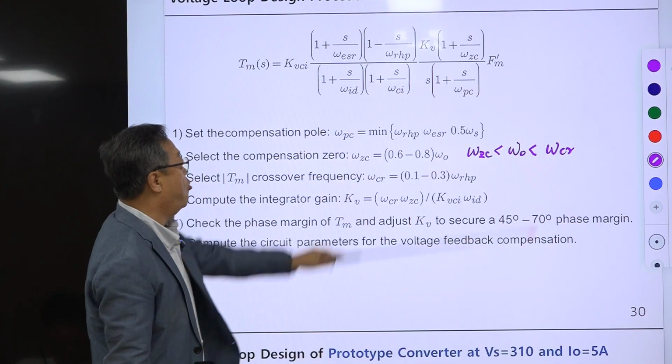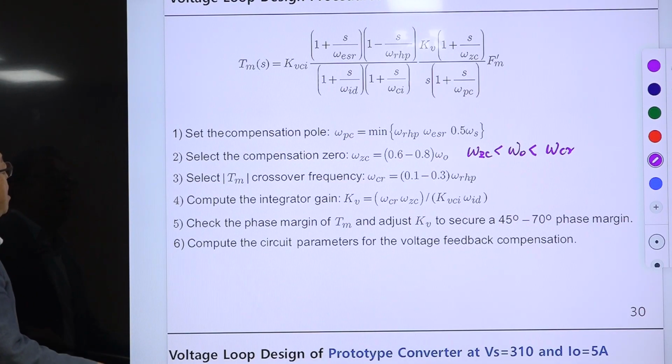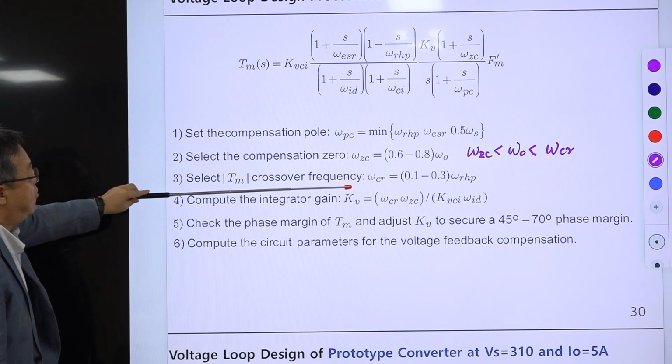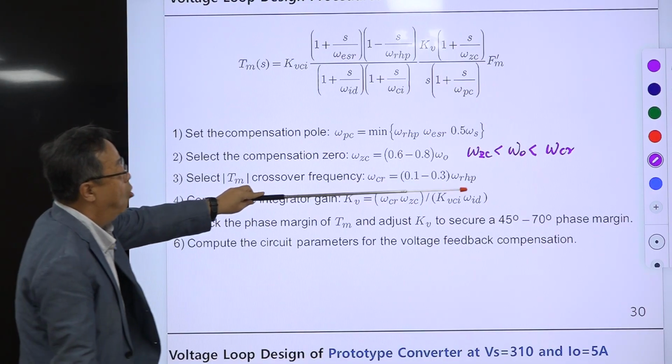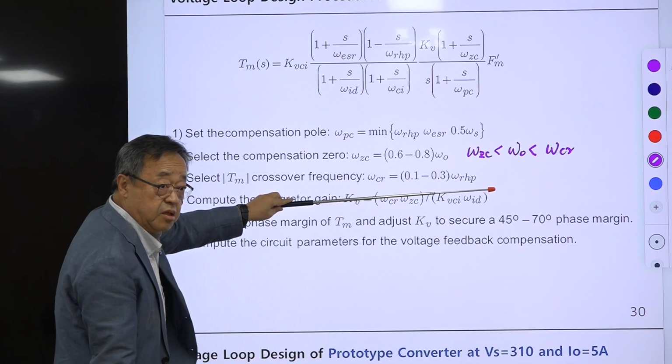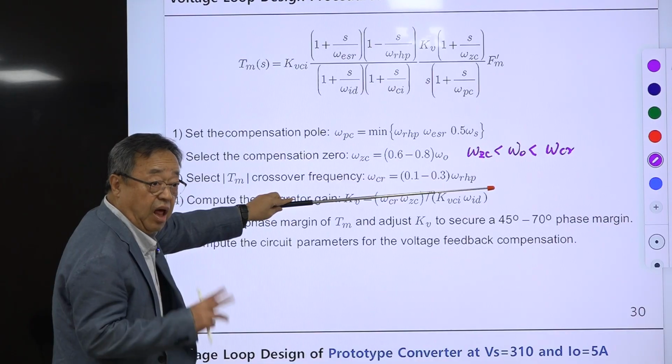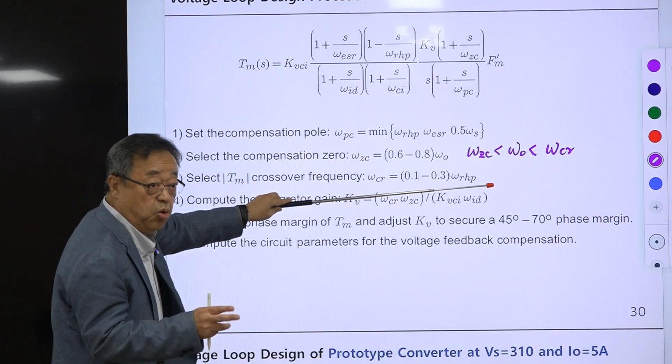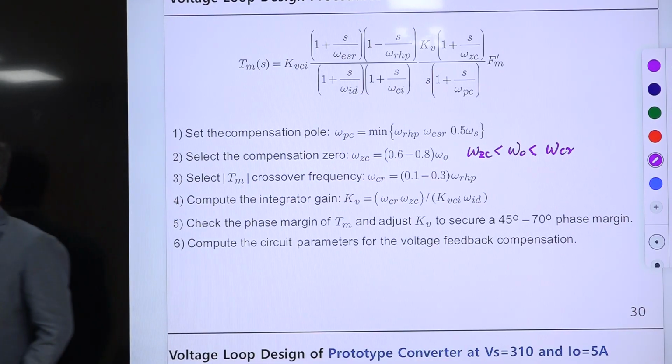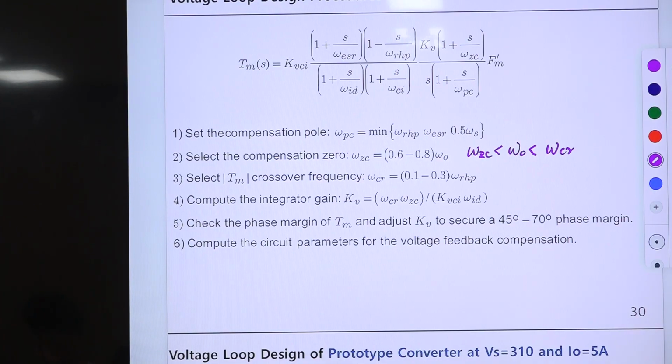Okay, so this is the requirement: select the TM loop gain crossover frequency before omega RHP. This is a right hand plane 0, so it introduces 90-degree phase delay. So it hurts the phase of your loop gain.